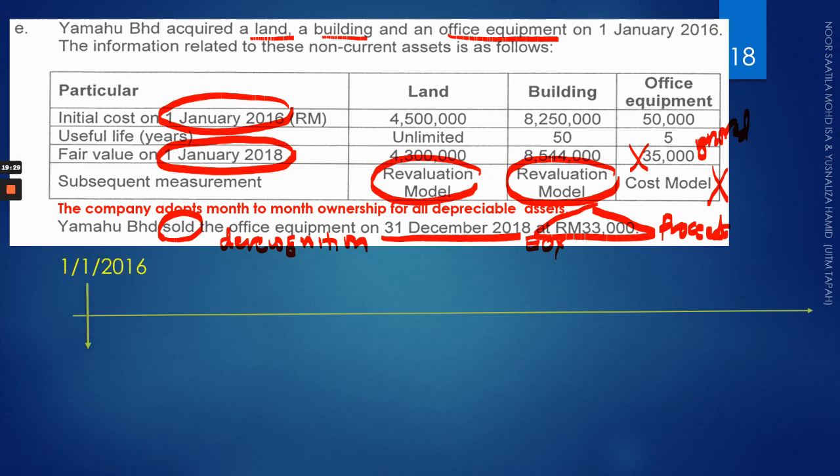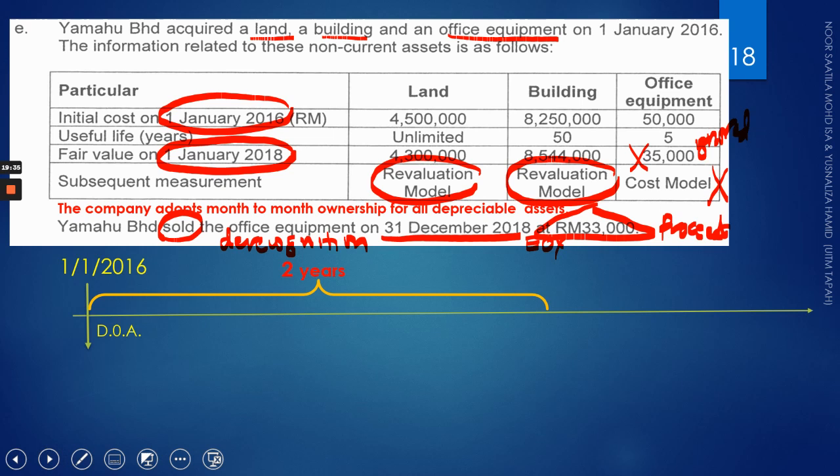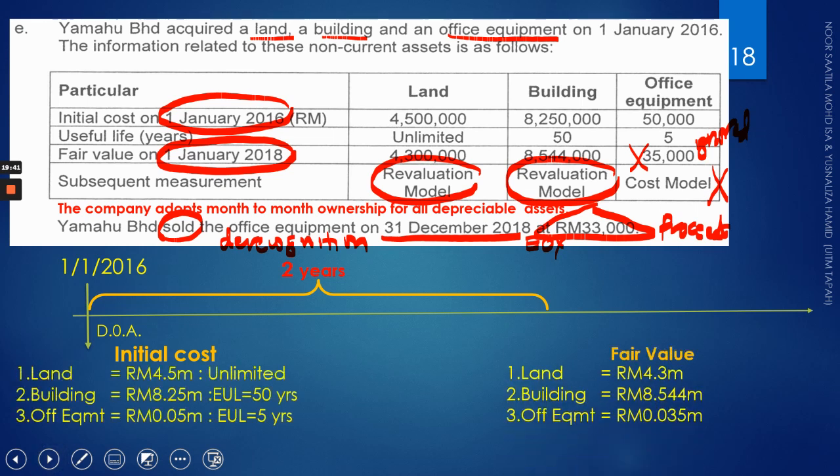Okay, you will draw the timeline, and this time the timeline is going to reflect the three assets. Yeah, so date of acquisition 1st of January 2016, and the initial cost for the land was 4.5 with the unlimited useful life. And then building, you have all the information I plot here.